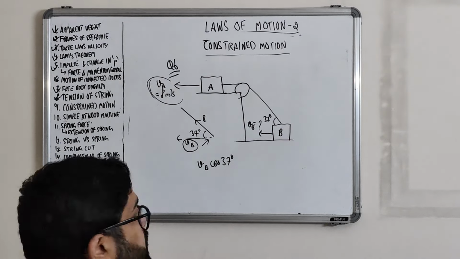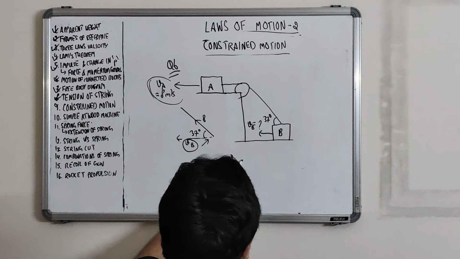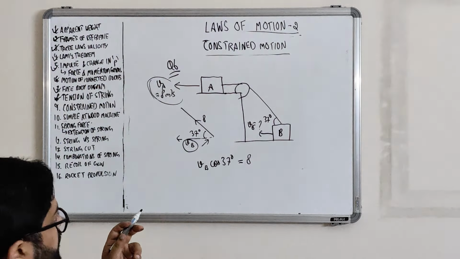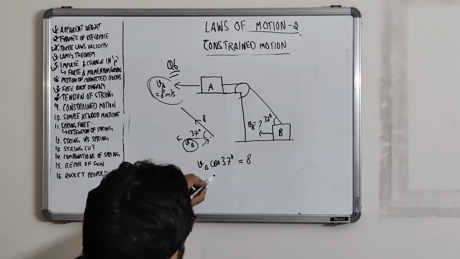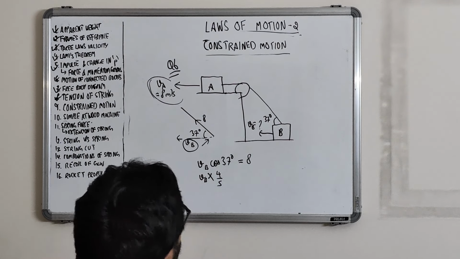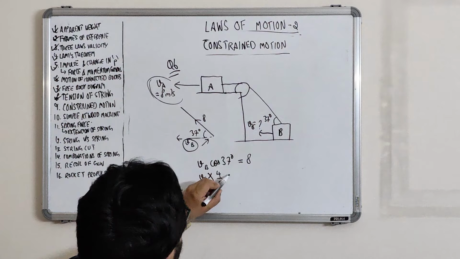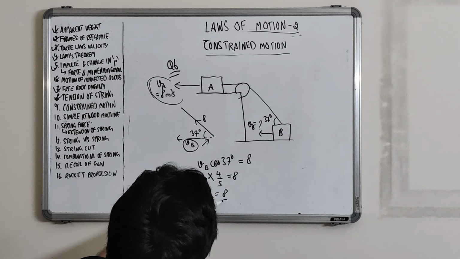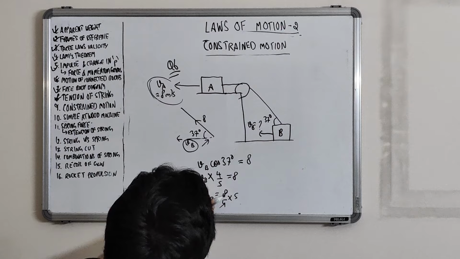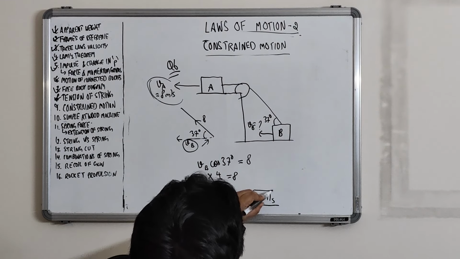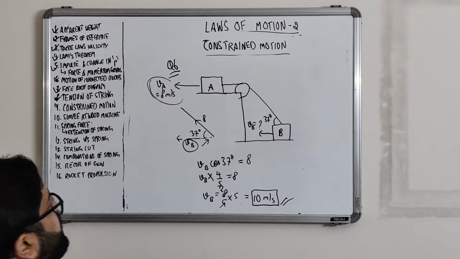It is along this, so therefore this is equal to 8. Now cos 37 is nothing but 4 by 5, so VB into 4 by 5 is equal to 8, so VB is equal to 8 by 4 into 5, which equals 10 meter per second. Solved. Easy.